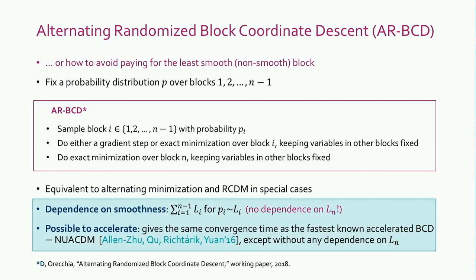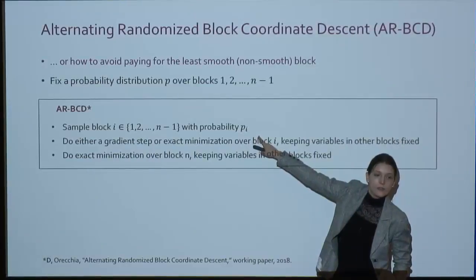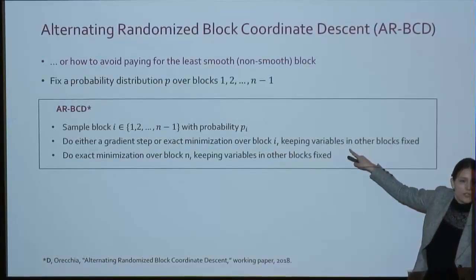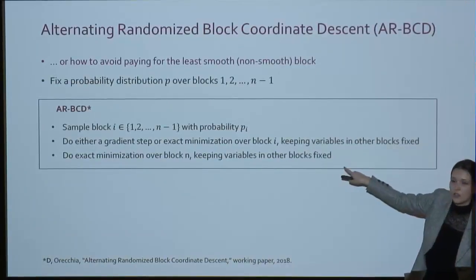The basic algorithm is that you fix some probability distribution, but only over the smooth blocks, the first n minus 1. You sample one of those blocks with probability pi, do either a gradient step or exact minimization over that block, and then do exact minimization over the non-smooth block.